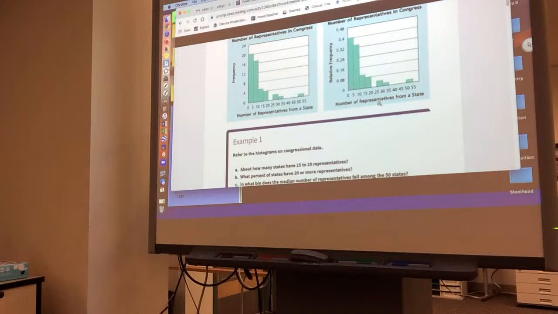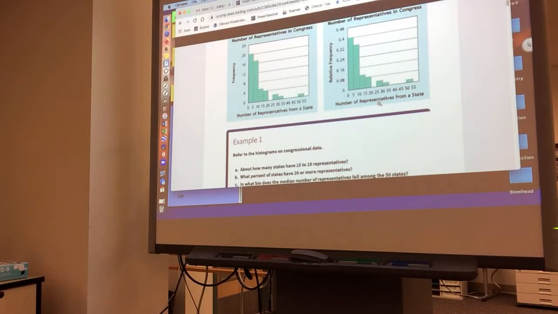Okay, where's the median? How would you want to find the median anyway? Which bin would the median lie in? I feel like it would lie in the 5 to 10 range. It would. And there's two ways of looking at that, aren't there?